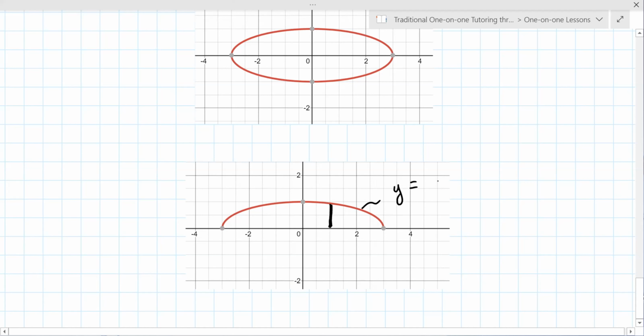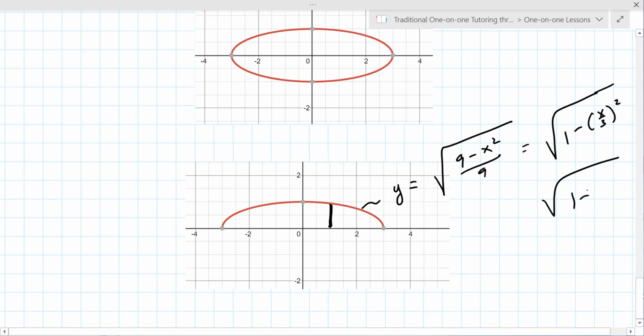So this is y equals the square root of (9 minus x squared) over 9, which if you divide both of these, is the square root of 1 minus x squared over 9, so you can write that as x over 3 squared, or we can leave it as the square root of 1 minus x squared over 9. We'll see what we need coming up. So this is a disk problem.